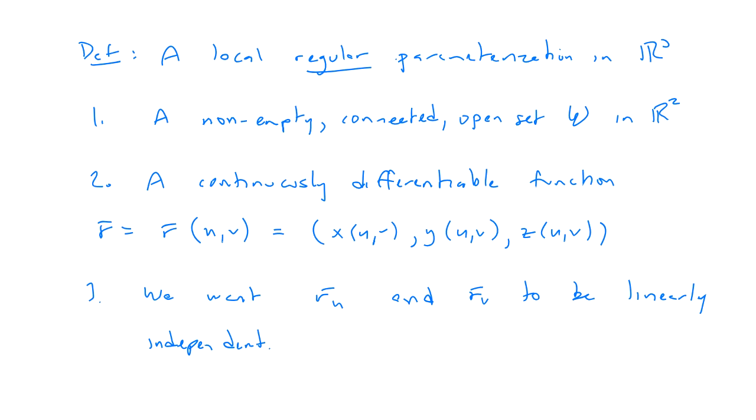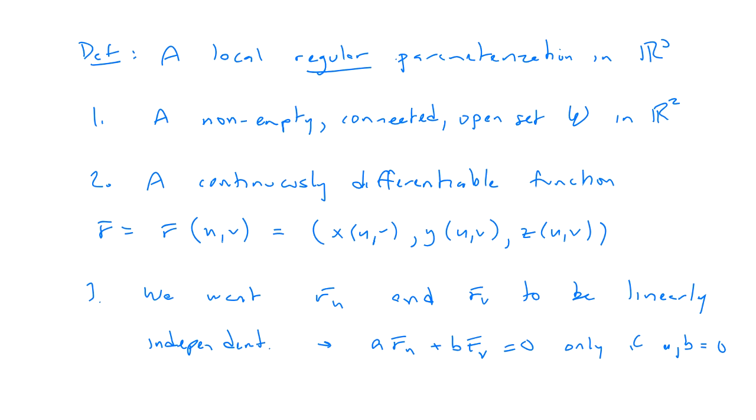The first way, if you've seen linear algebra, the official definition is that two vectors are linearly independent if the only way a times one vector plus b times the other vector is 0 is if a and b are 0.